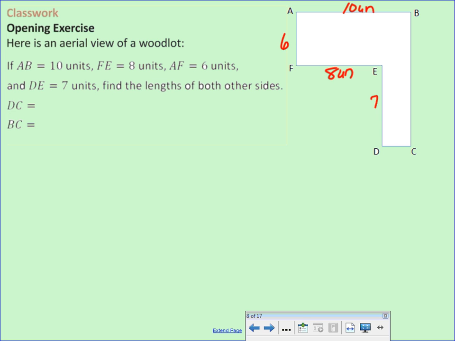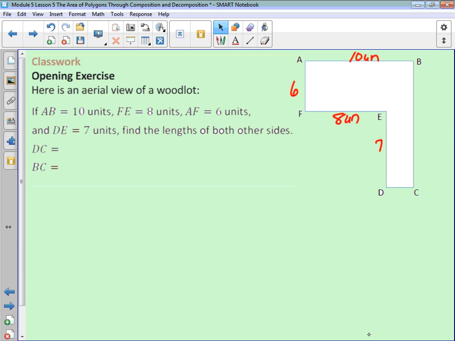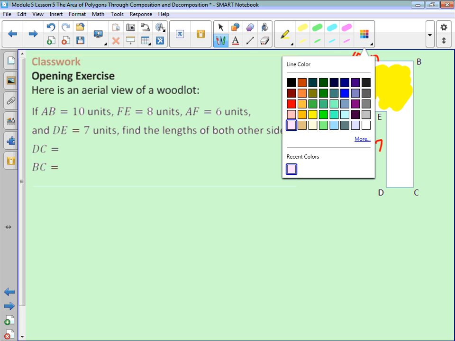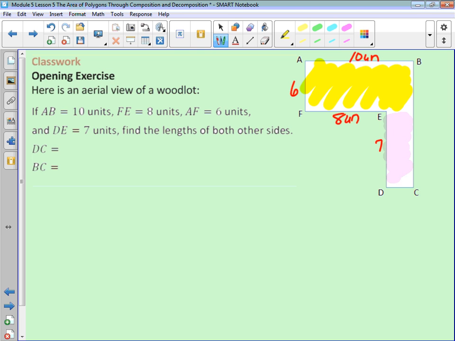But if I were going to break this up into 2 rectangles to find the area, I'm going to have a problem. So if this was my 1 rectangle, and if this was my other rectangle, well, do I know the length of DC? No. Do I know the length of the other side, BC? No.